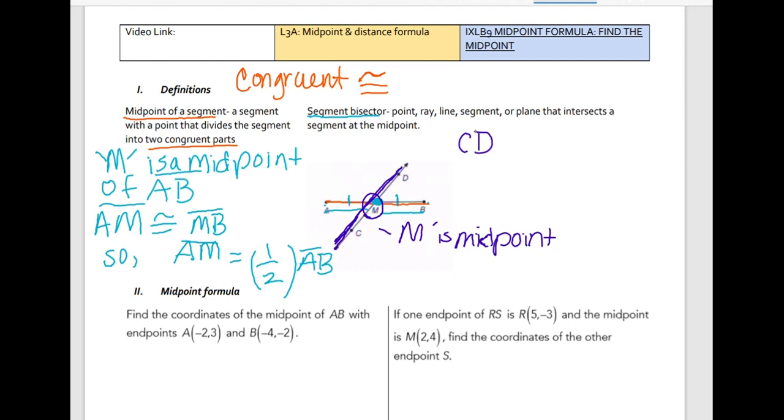Okay, so now back to what the statement is. We're going to say that CD is a segment bisector. So it's a segment bisector, and it's a segment bisector of AB.